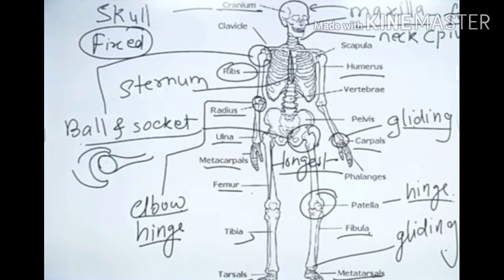Patella connects the femur and fibula and tibia with each other. After fibula and tibia, it's gliding, means a movable joint, which is called metatarsals, the bones of our foot. So it's all an overview of our body parts, joints, movements and movable and immovable joints present in our body.